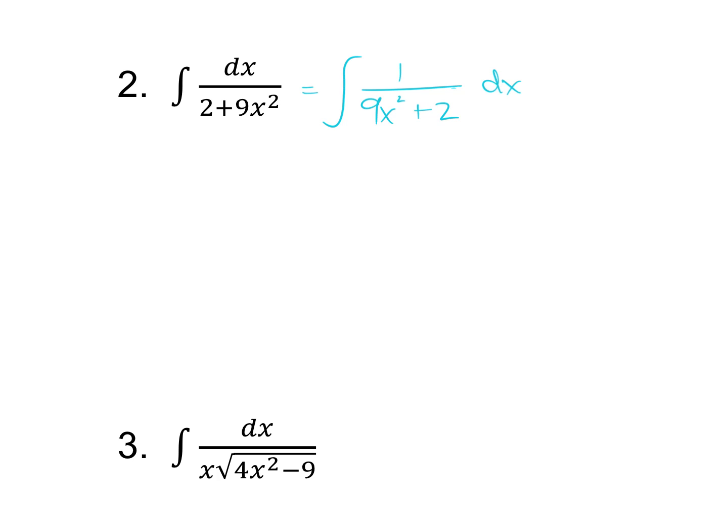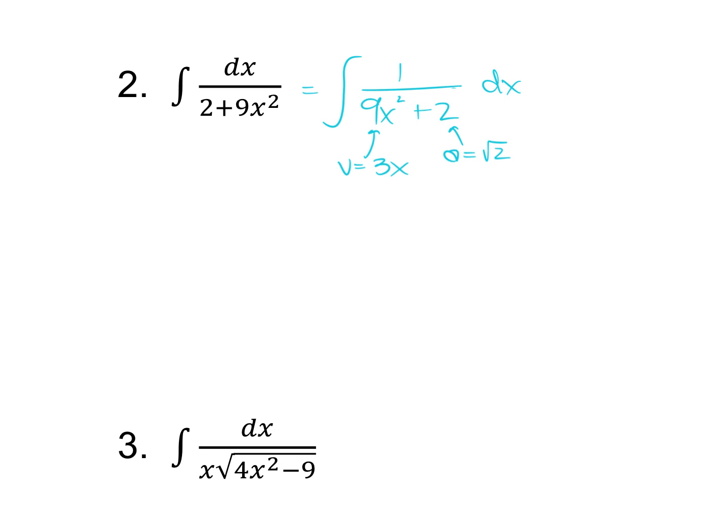The first thing I'm going to do then in this is identify my u, and I'm going to identify my a. This term right here is typically a squared. If that is a squared, what is my a? Root 2. I need to kind of store that away in my head for when I integrate. This is typically my u squared, which makes a good u for this what? 3x.